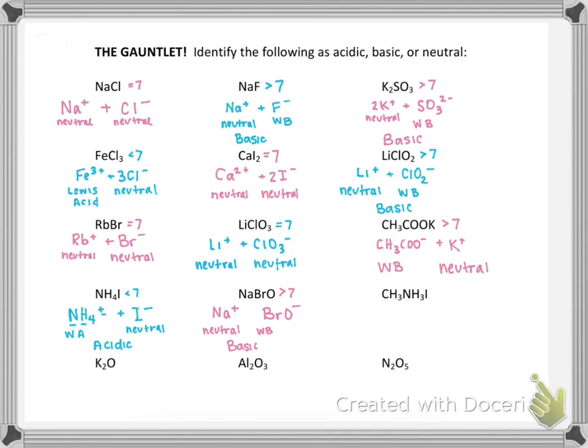Okay, and then we have this compound, which might look a little intimidating, but what I see here is this part staying together and the iodide dissociating off to be I-.